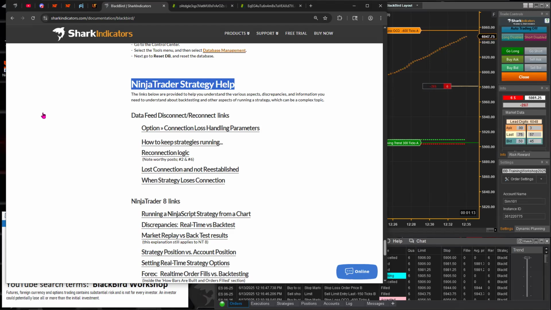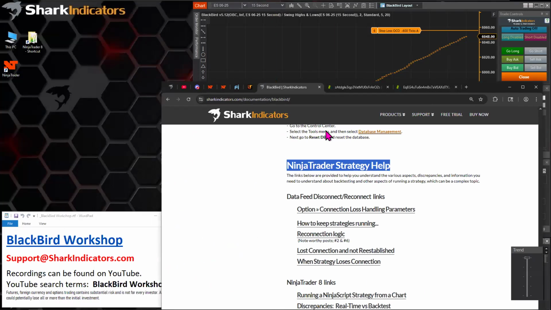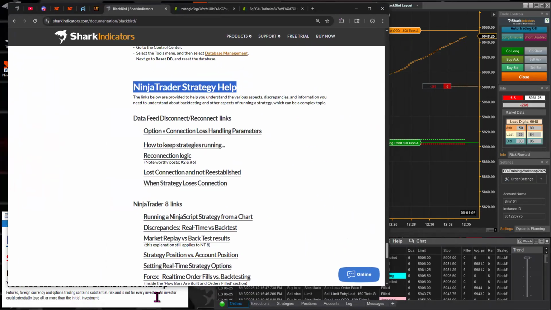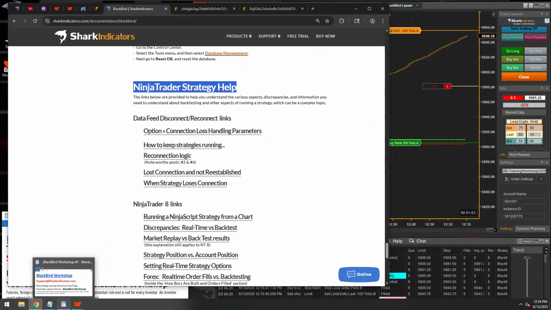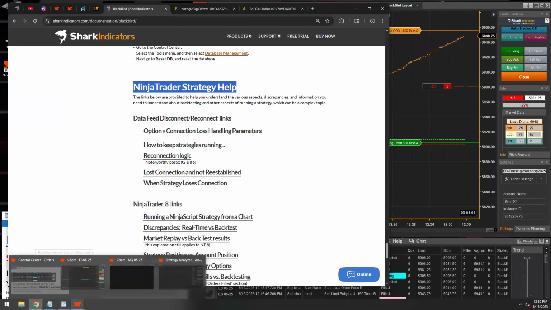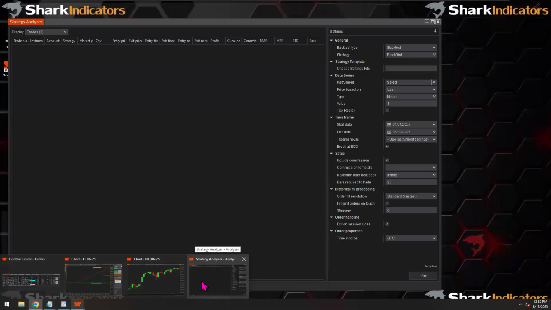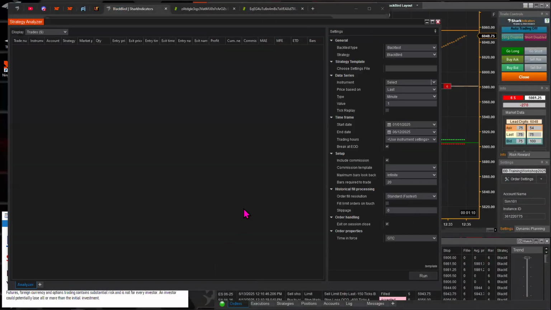And the strategy analyzer might be using a different trading hours session template as well, which could influence things, maybe not. Yeah, so the trading hours templates could be different, right? Which could add or remove an extra trade, so that could be why there's a difference.